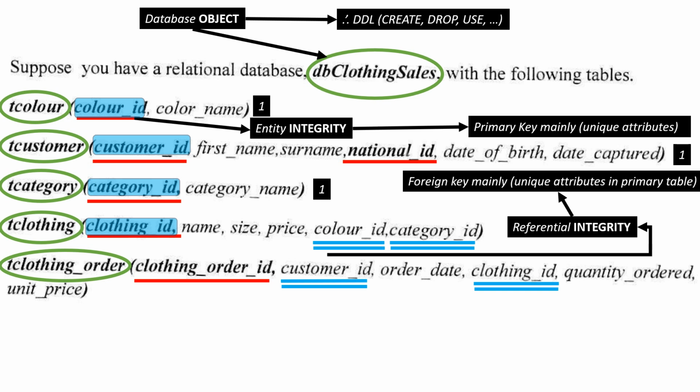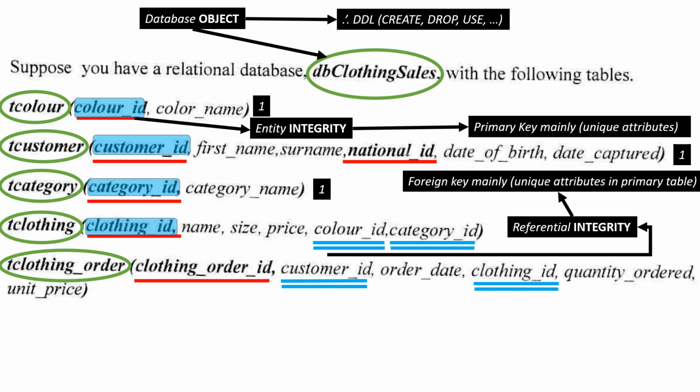Right, so the thing is, I haven't read the question yet. So I'm saying if I'm asked to create T category, it means I can start by writing the query without doing any other thing that is mandatory. Then T clothing.